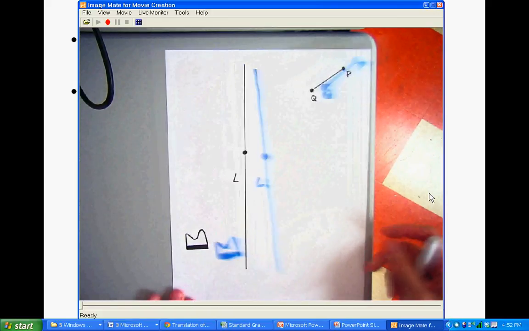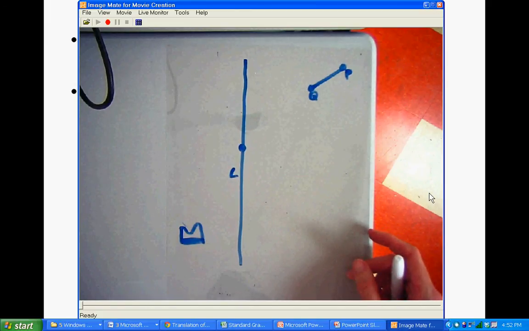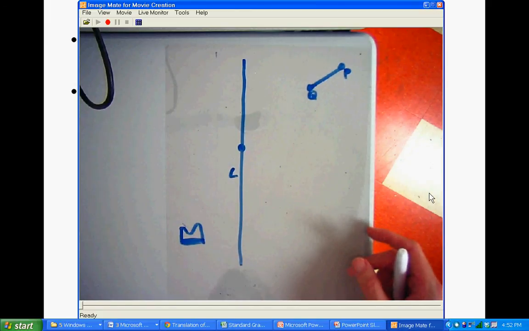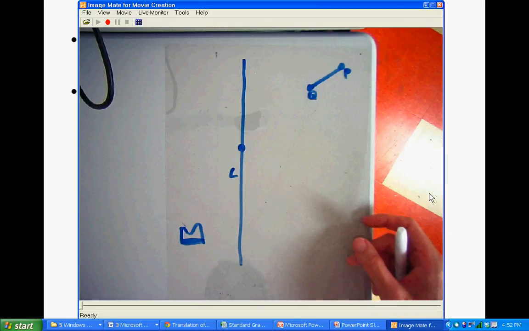So if I separate these, again like we did before, this looks exactly the same as our original. It's just it has no reference to the original right now. So I'm going to put this off to the side real quick and go back to our original.